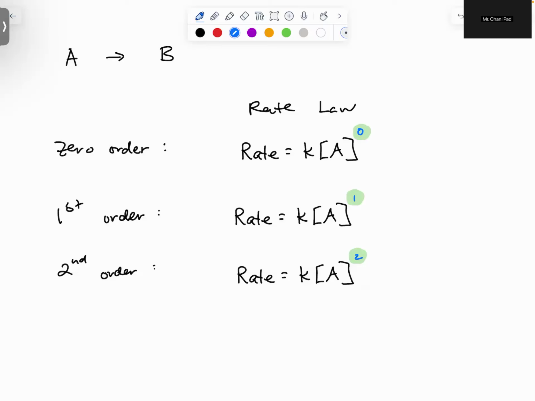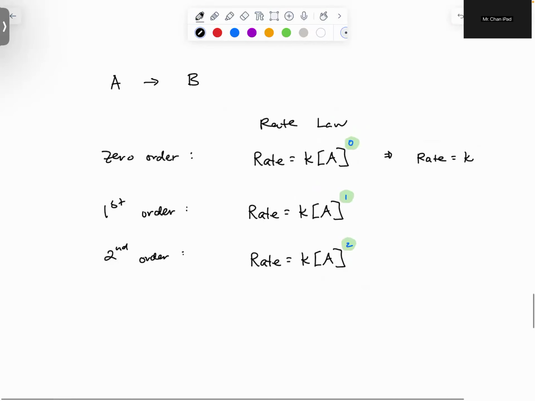Okay? Well, what is anything raised to the zero power? 1. So that means if it is zero order, the rate is simply K. Cool? Cool. That's the rate law.